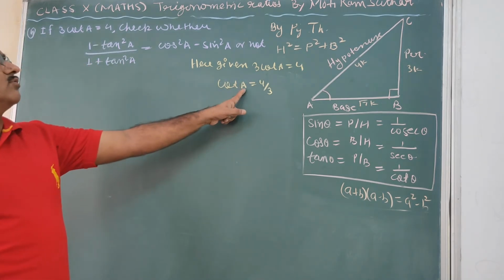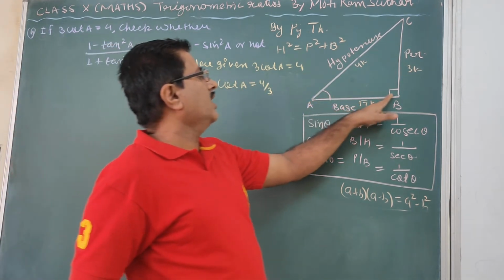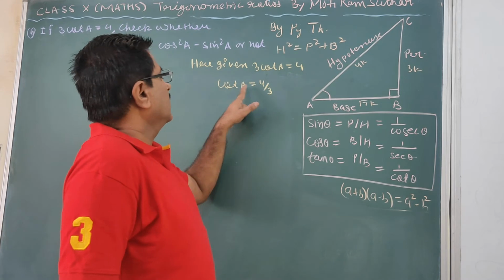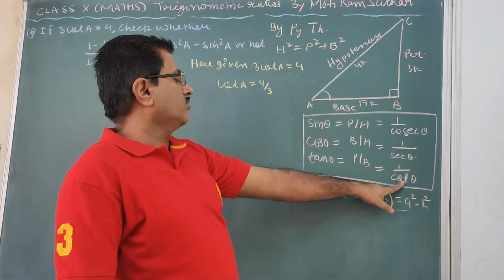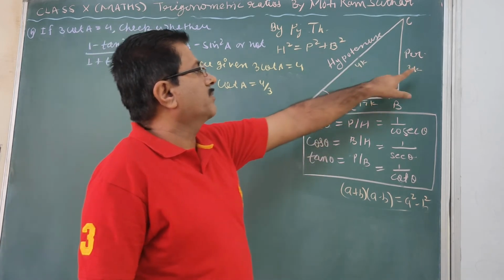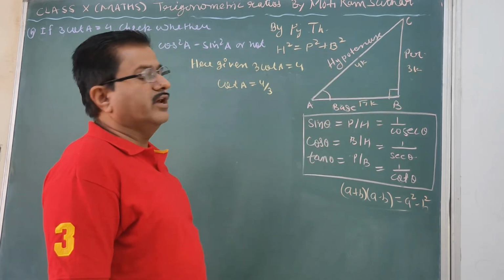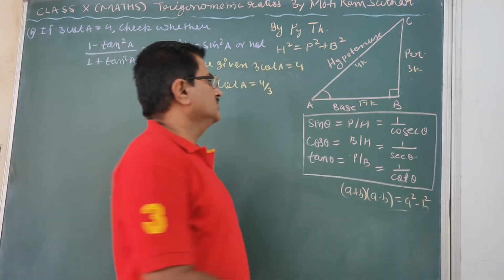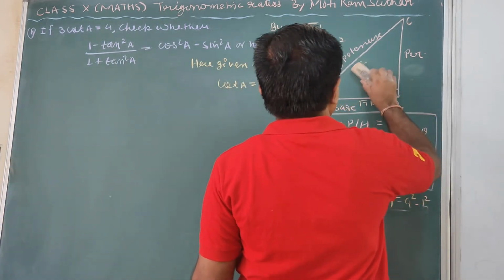Here we are given cot of angle A, so we can use this triangle. In this triangle cot A equals base upon perpendicular. So base and perpendicular are given, and we have to find the hypotenuse.